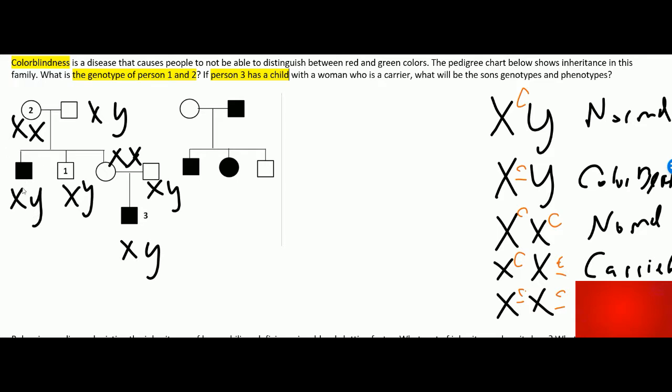So this boy right here is affected, and to be affected, he has to have the little lowercase c. I'm just going to put a line under it to indicate that that's a lowercase c.